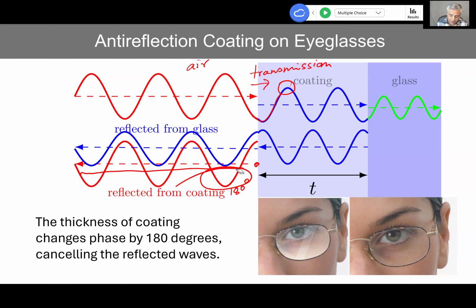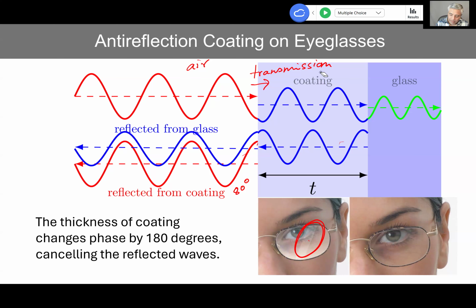That means we want this to be destructively interfering with the light reflected from this glass. If there was no coating, there wouldn't be another layer of that. Rather, there would be reflection from the glass only, just like you see. There is no coating, so the reflected light just enters our eyes. That means we see that glare.